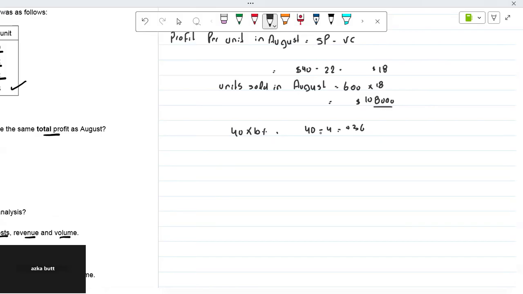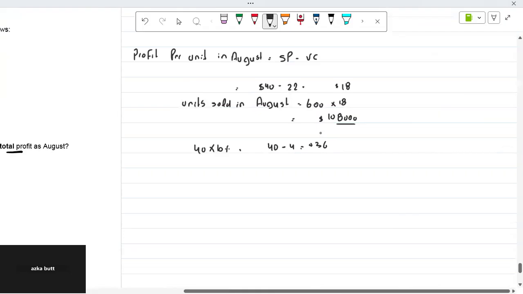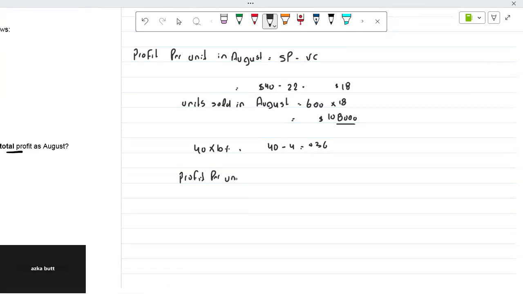But the variable cost per unit in September is the same, because there is no information related to change in the variable cost. Now to find out the profit per unit in September, this is equal to selling price minus variable cost. Selling price is 36 now, minus 22. So this is equal to $14.